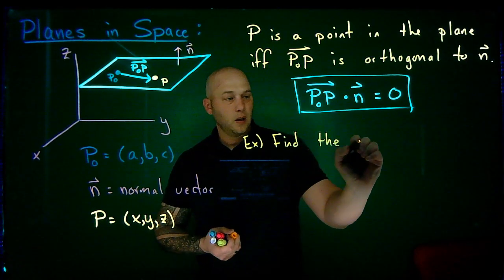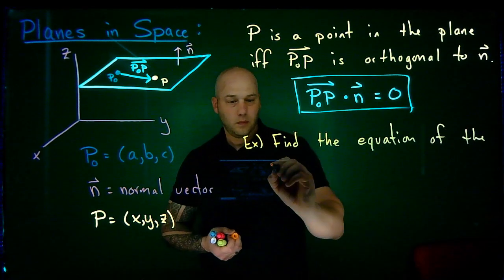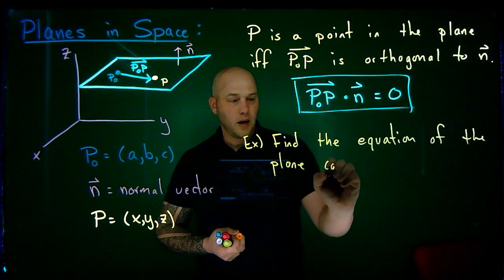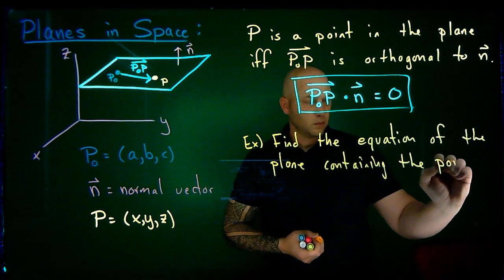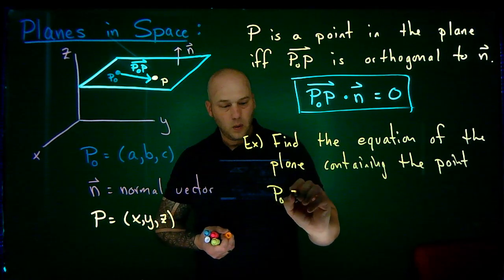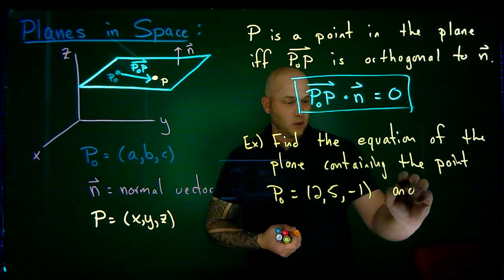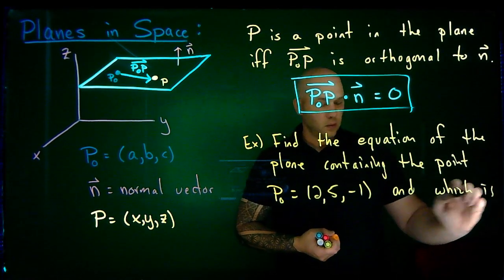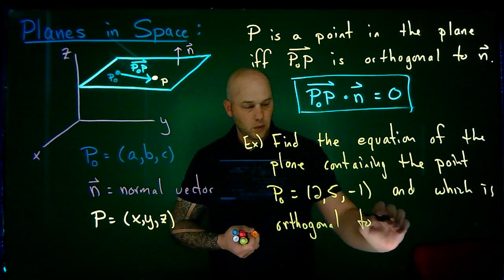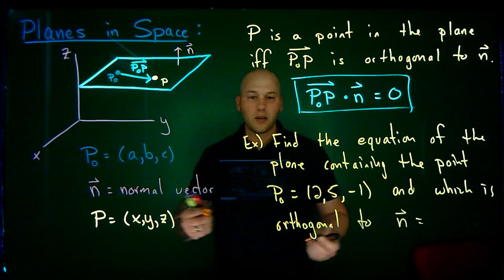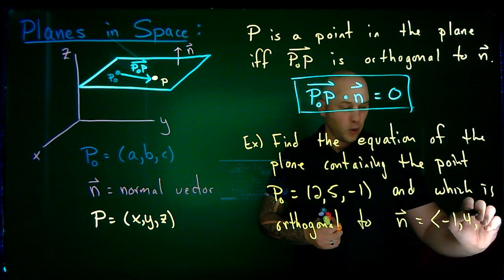Find the equation of the plane containing the point P naught, which is (2, 5, -1), and which is orthogonal to the vector n, or in other words, has normal vector n, which has components (-1, 4, 3).